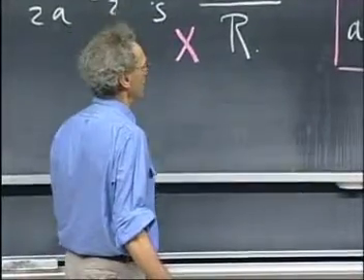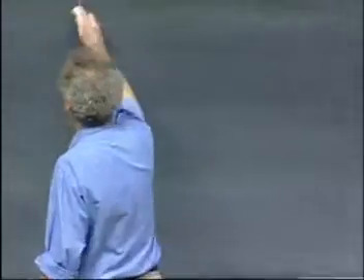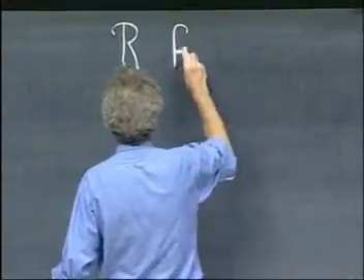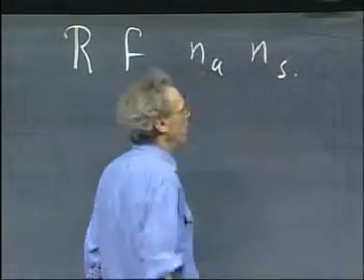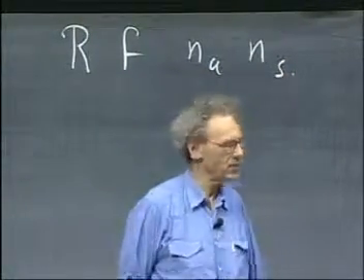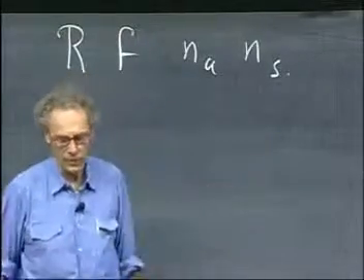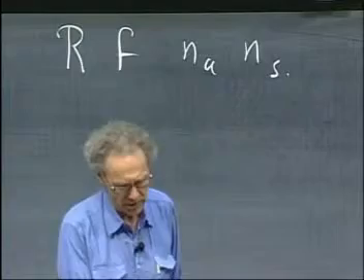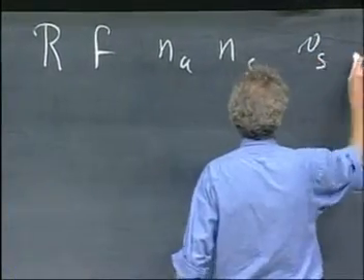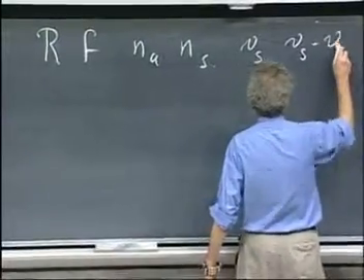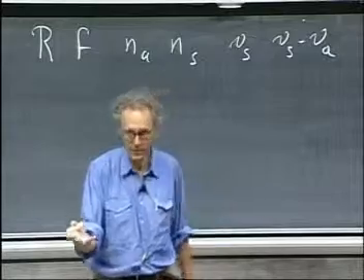The input parameters that we need for this program are the radius R, F, n_A, and n_S. And the program will do all the rest. So you can specify how many times you want Mary to go through point X, and how many times you want the sandwich to go through point X. The program will then calculate for you the speed of the sandwich. It will also give you Vs minus Va, which is really the speed with which Peter has to throw it.